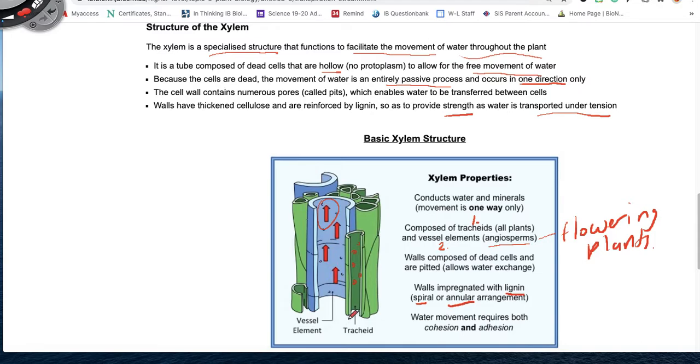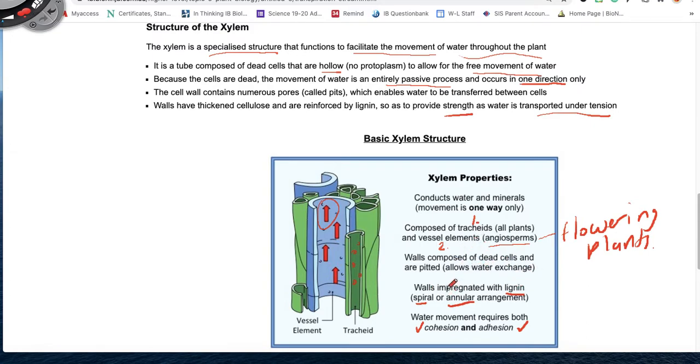Again, we see that water is moving because of the water properties of cohesion and adhesion. We see that the xylem, this tissue within a plant, is made up of two different types of structures, right? The tracheids and the vessel elements, reinforced by lignin.